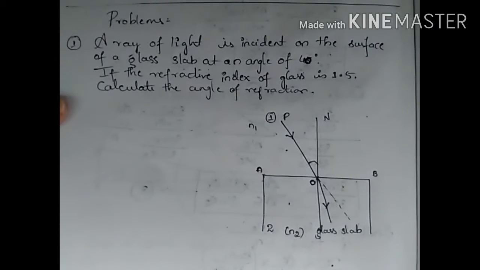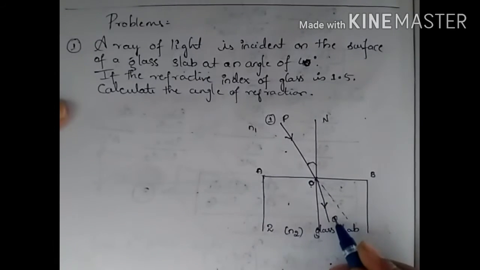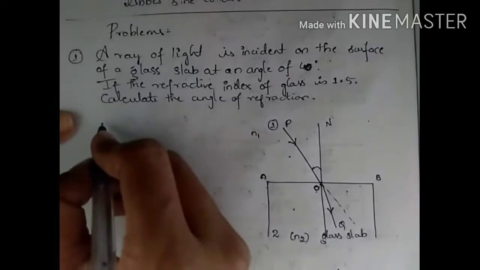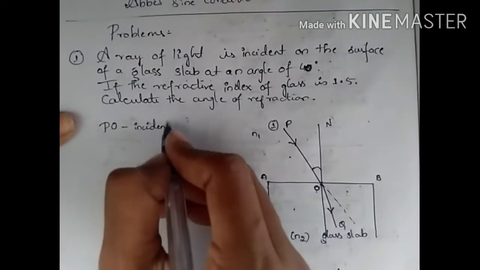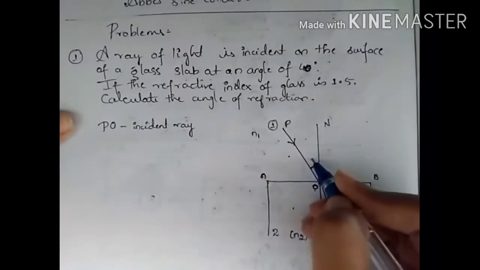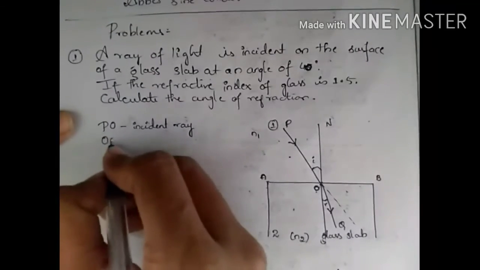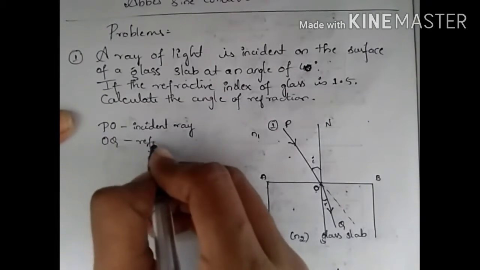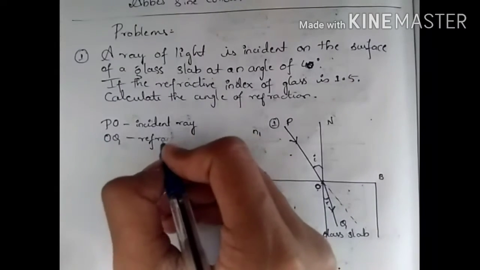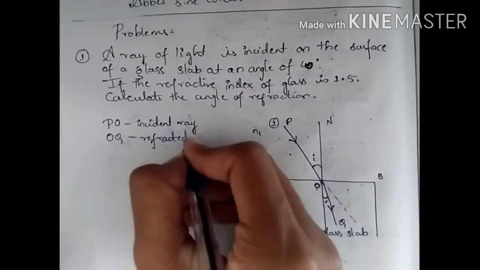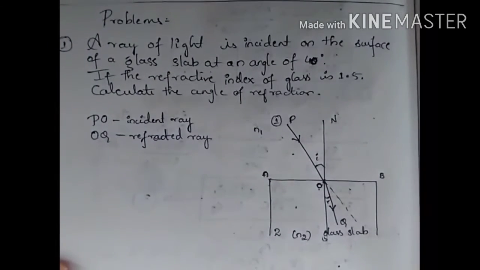This I have discussed in the earlier classes. So OQ is the refracted ray and PO is the incident ray, which is incident at an angle I. Hope this diagram is clear to you.